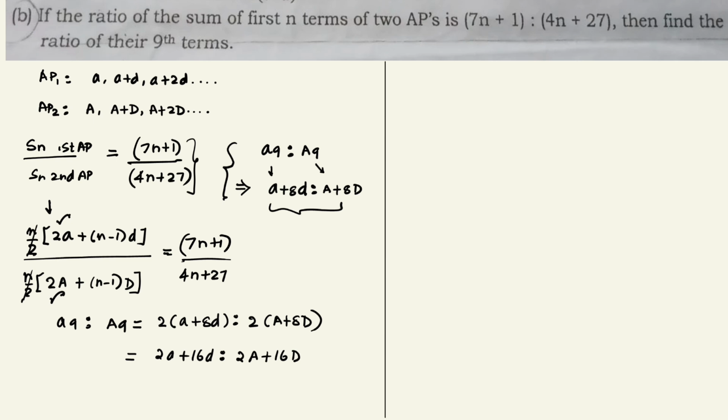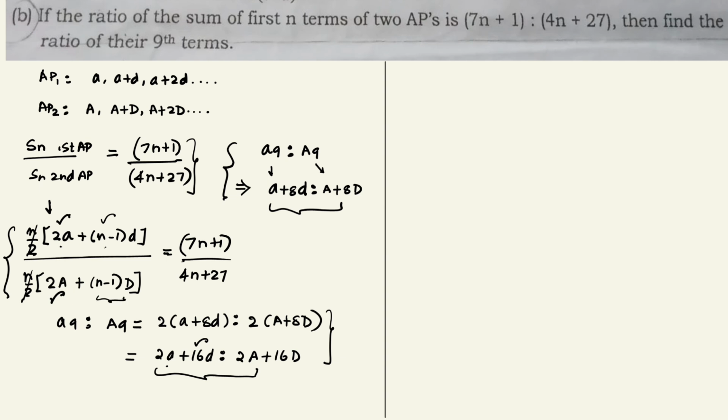Now, if you observe, we need n minus 1's value. If we compare the ratio we are supposed to find with this one, there is a 2a, there is a 2 capital A. N minus 1 into d, but it is 16 small d.